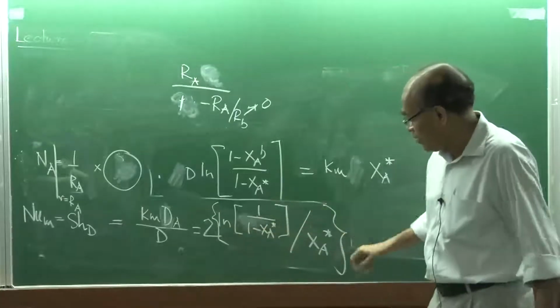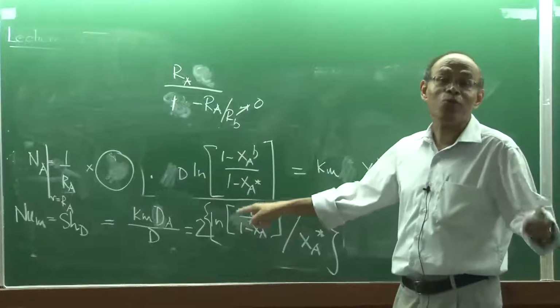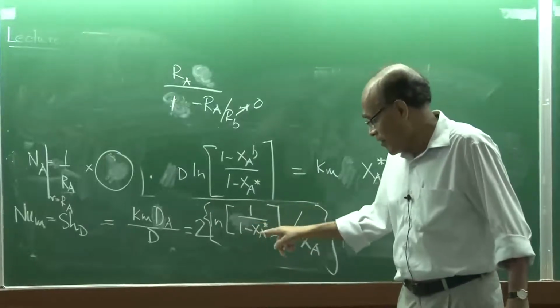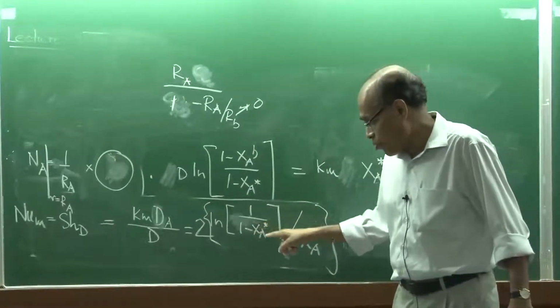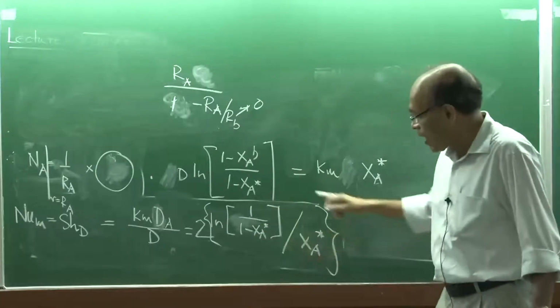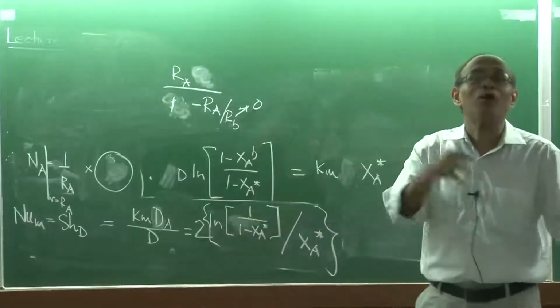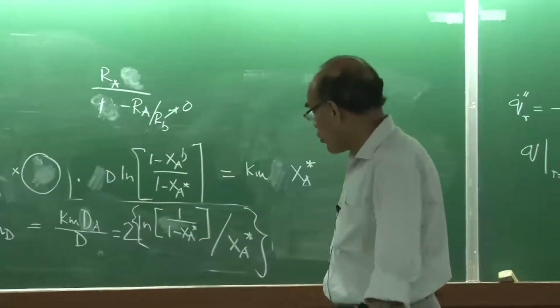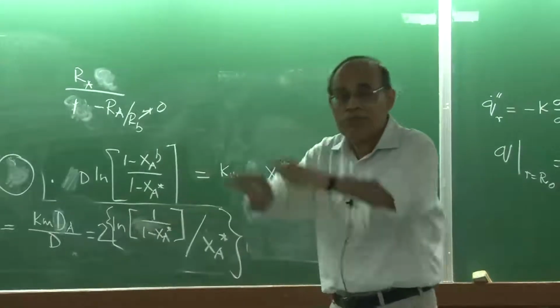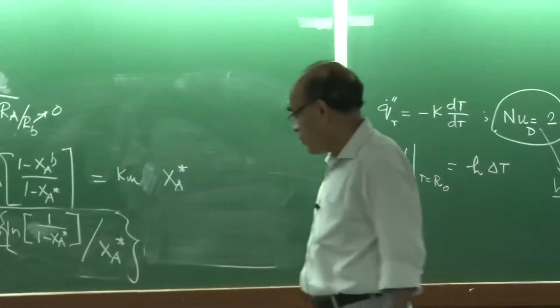If you calculate the value, because this XA is always smaller than 1, could be the maximum value, and the surface concentration is not 1 but less than 1, therefore you will find that this factor will come out to be more than 1. So, it is 2 multiplied by maybe 1.1, 1.2, 1.3 or 2, depending on the intensity of the bulk motion of the gas through the medium.